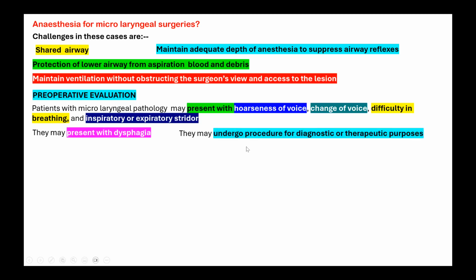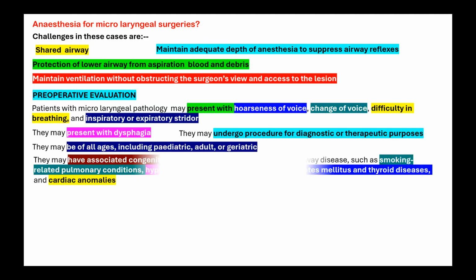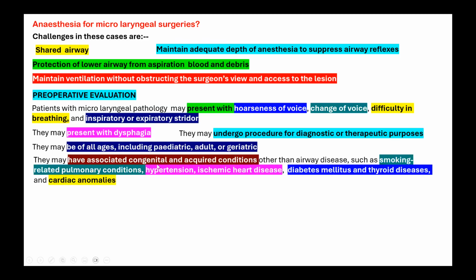They might have undergone some procedure, either diagnostic or therapeutic, earlier, and may be of all ages. You can get a congenital polyp present in childhood, or it may be in adult age, or in geriatric age. So you get patients of all ages, and they may have associated congenital or acquired conditions other than the airway diseases.